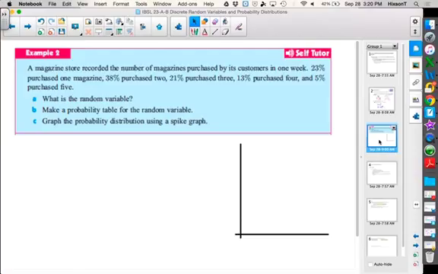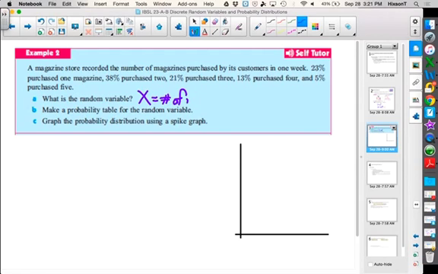Okay, the random variable is a number for the possible outcomes of the experiment. Oh, then yeah, it's the magazines. Yeah, the number of magazines each customer would buy. So here our random variable, if we let that be x, is going to be the number of magazines.